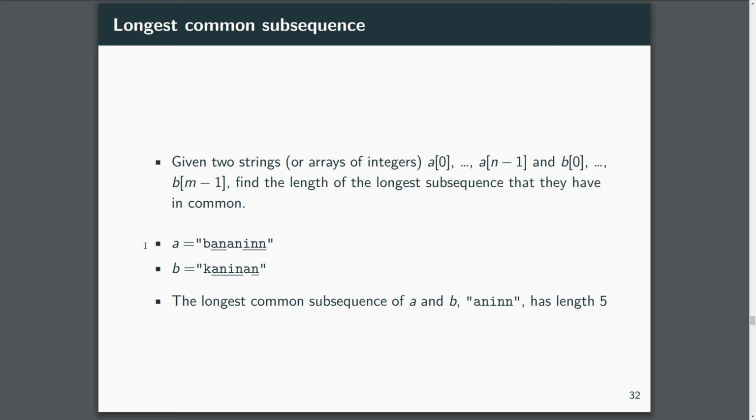If you look at the example here, we have the string A and the string B. We can take A, N, I, N, N, which also occurs in B. So A, N, I, N, skip this A, and N here. This is the longest subsequence which occurs in both strings. So the answer is 5, and the subsequence itself is A, N, I, N, N.